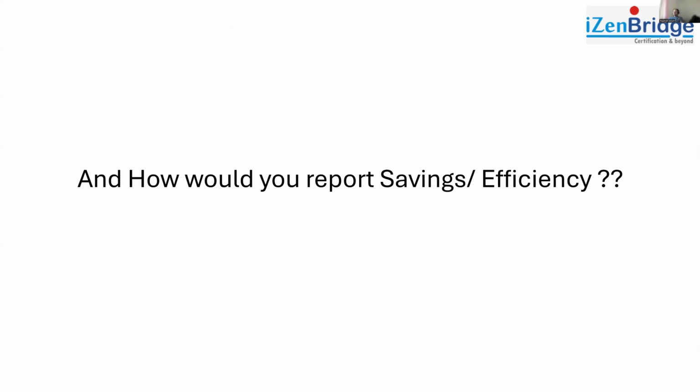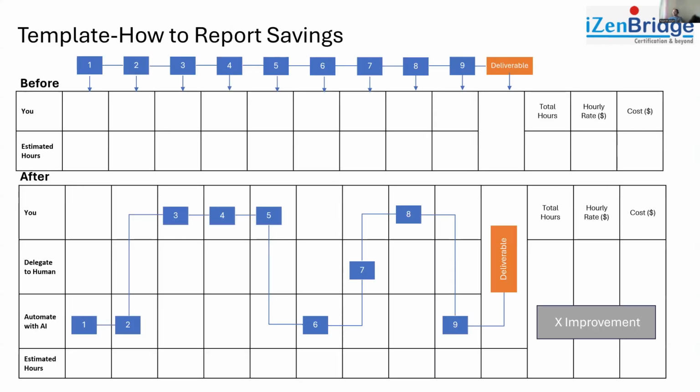Well, there are multiple ways of reporting it, but one way which I have been looking into is this kind of a format in which you would typically have two swim lanes. One is the before one, where you are doing the steps in a manual way, and the second swim lane is related to the after stage, where you have done it using AI.